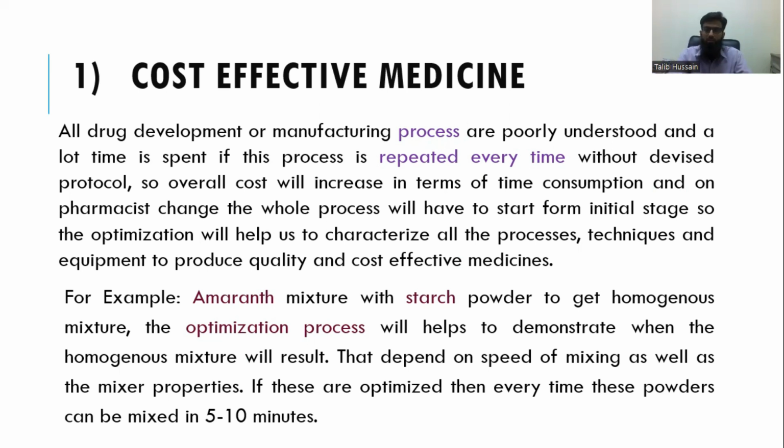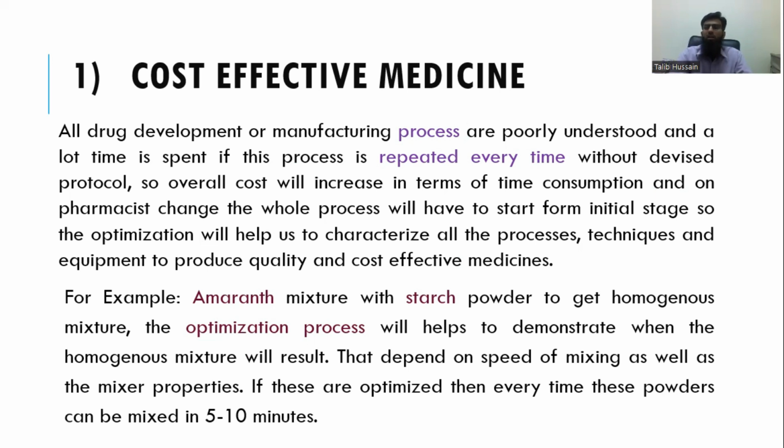So the speed at which the two-way movement, a movement towards the wall and from the wall to the propeller, is possible. At that speed, we can mix these powders within 5 to 10 minutes. And at a greater speed than that, all the material can fall tangentially on the walls of the mortar or the container. So mixing is not possible.